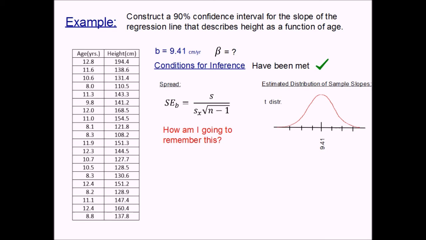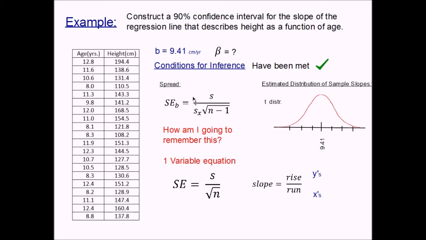So now, how am I going to remember this weird equation? Well, let's remember the one variable equation for just a one sample t-test, right? Which was a fairly simple equation, which was just sample standard deviation over the square root of n. Right? Notice that what we're doing now is talking about two variable, right? And in particular slope, which is rise over run. Rise, of course, is y's, run is x's.